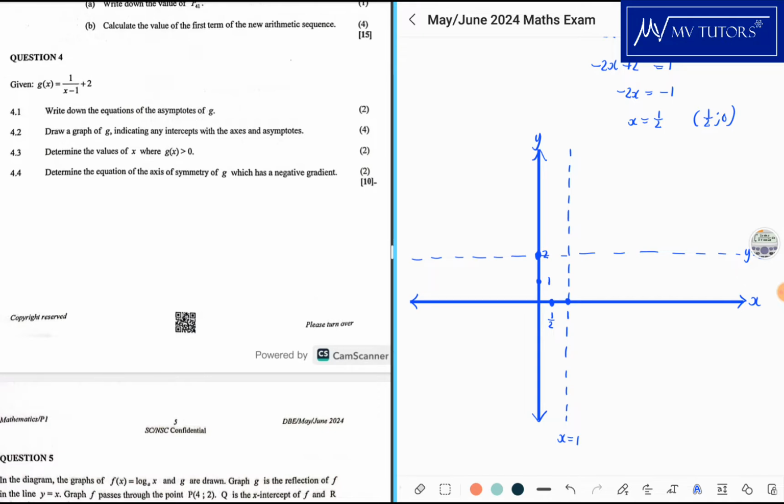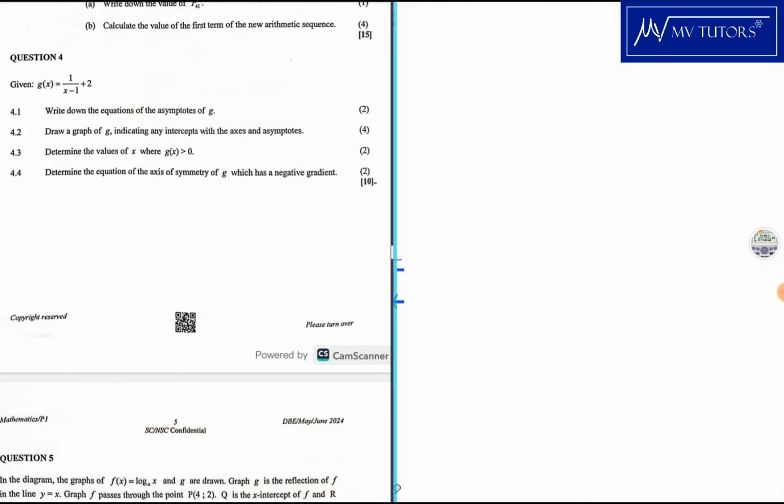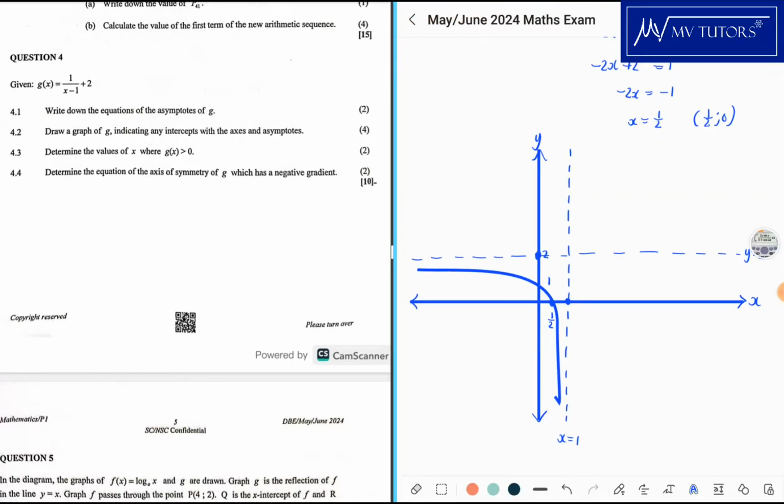Okay, now I can sketch the graph. So I know one side of the graph is going to look like this. Okay, let's just say 1 is there. There's 1.